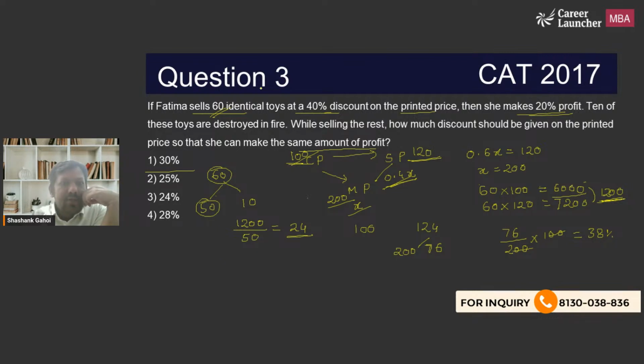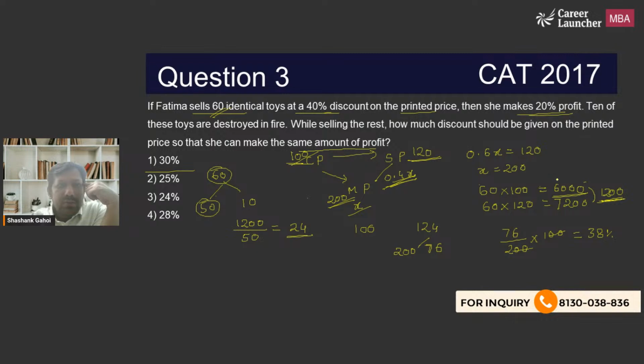Okay, now let me see this question again. Fatima sells 60 identical toys at 40% discount on the printed price. Then she makes a profit of 20%. Okay, so she bought it at 100. She's selling them at 120. Then she's giving a 40% discount. So her mark price should be 200. Okay, then her cost price is 6,000.